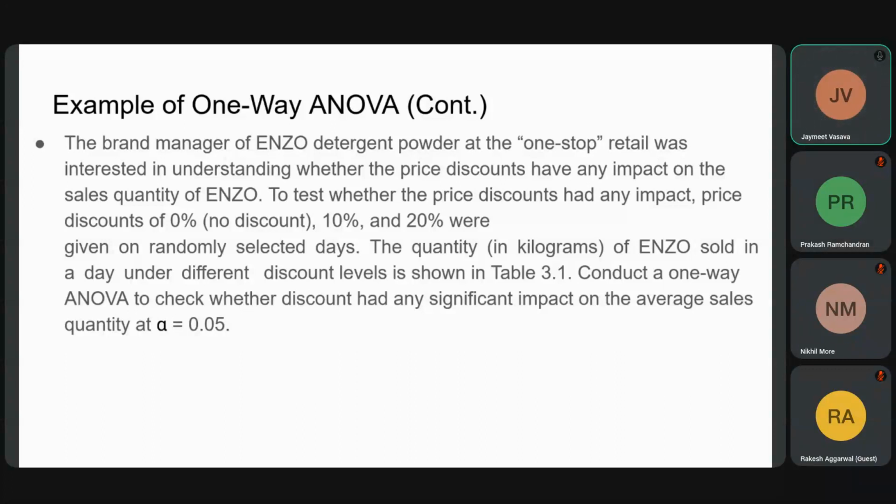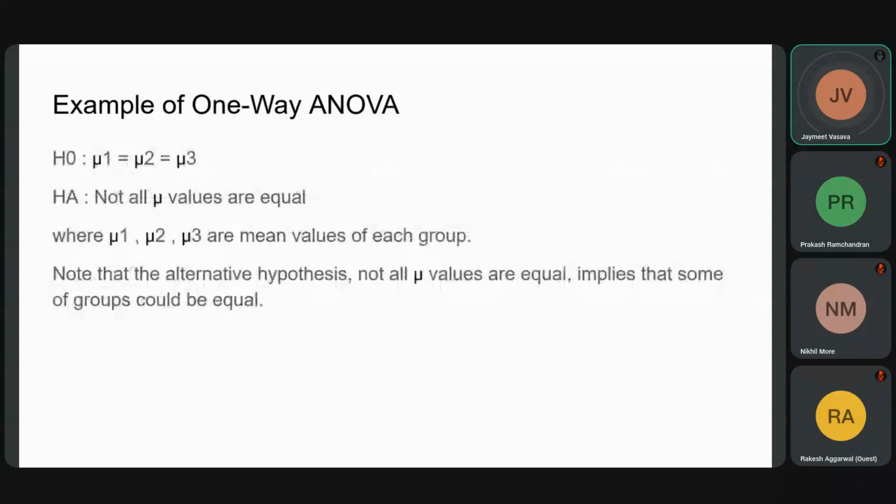So, conducting a one-way ANOVA to check whether the discount had any significant impact on the average sales quantity at alpha value equal to 0.05. Our null hypothesis says that all the mean values for the different discount rates are equal.